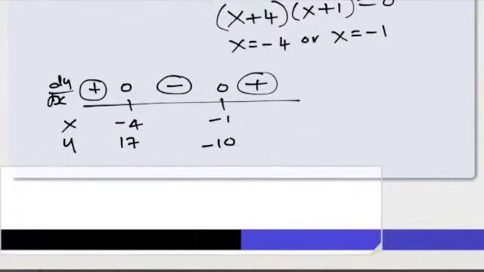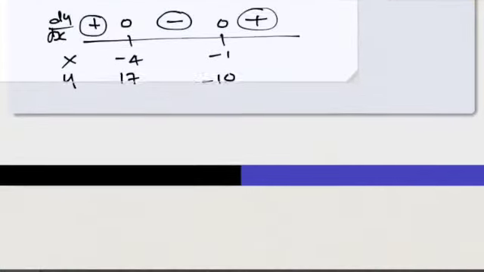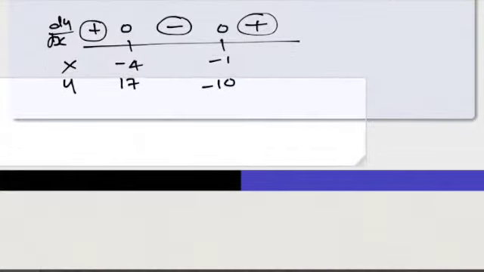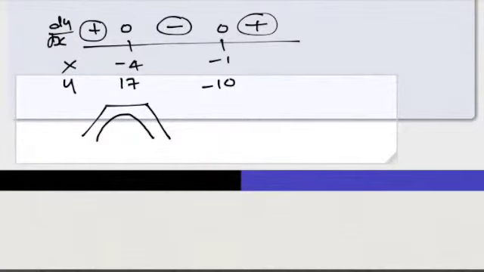Now we can determine the nature of these stationary points. At -4, to the left of -4 the gradient's positive, at -4 the gradient's 0, to the right of -4 the gradient's negative, so it's obviously a maximum at -4.